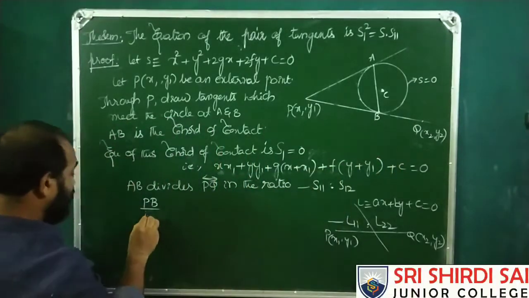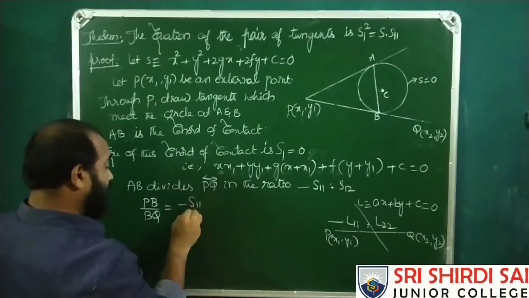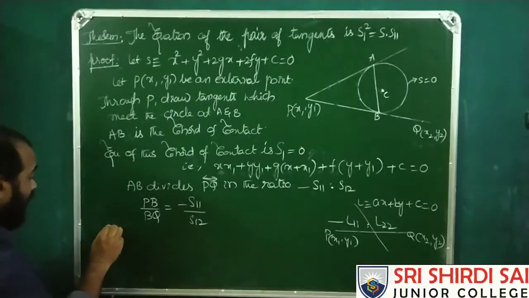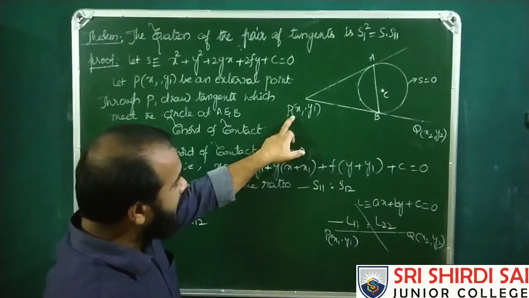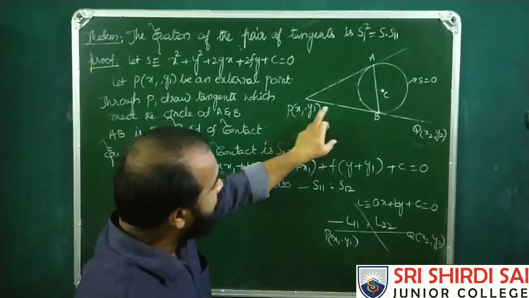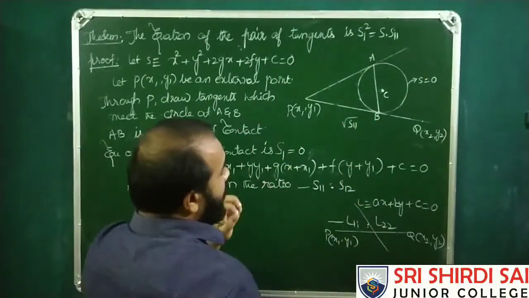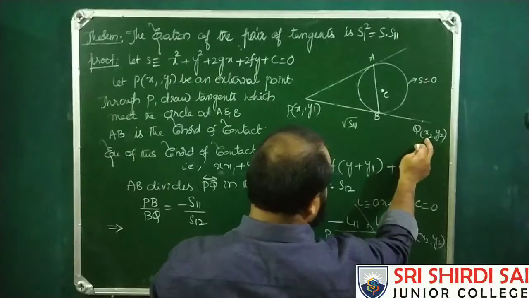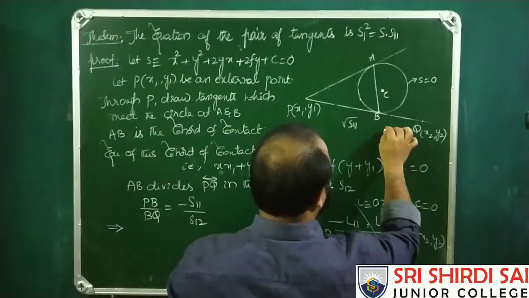Now PB by BQ is equal to minus S11 by S12. What is PB? PB is the length of the tangent from P(x1, y1) to this circle, so this is root S11. What is QB? Length of the tangent from Q(x2, y2) to this circle. This is root S22.